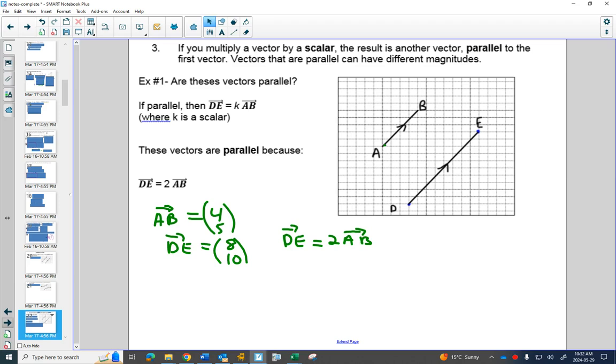AB is 4, 5. DE is 8, 10. One is 2 times the other one, so you know that they're parallel. Same direction, different magnitudes. I guess you could also show that they're parallel by finding the unit vectors of each one, and if their unit vectors are identical, then you would know they're parallel.